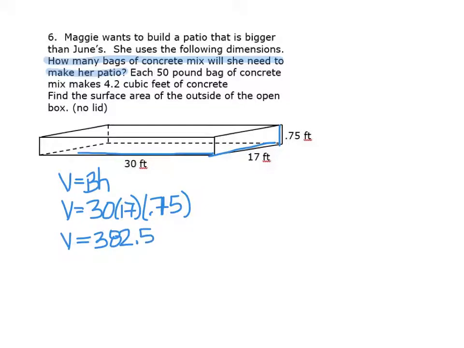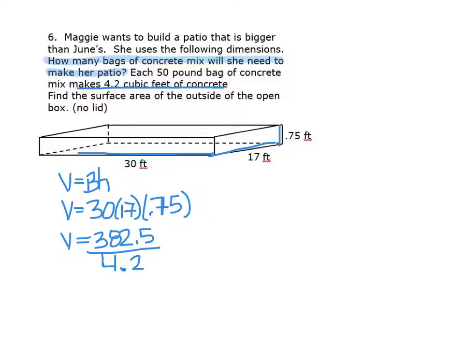Here, you can type this into your calculator, and you're going to get 382.5. And then we have the next part where it says each 50-pound bag of concrete mix makes 4.2 cubic feet. So we want to take our volume and divide by 4.2. The 50 pounds there is just telling the weight of each bag, which is how much each bag mixes.